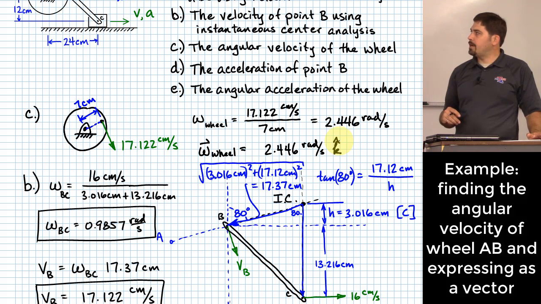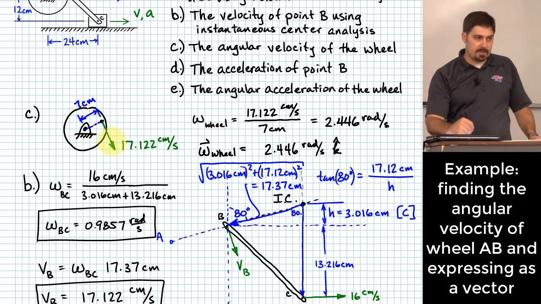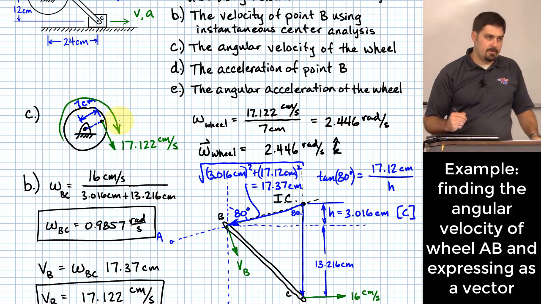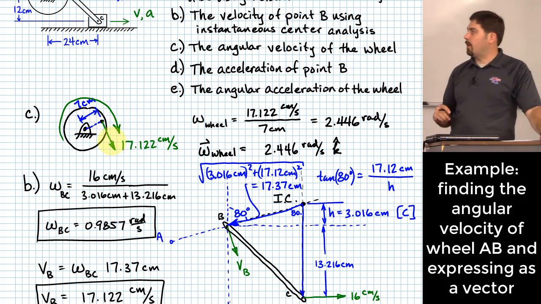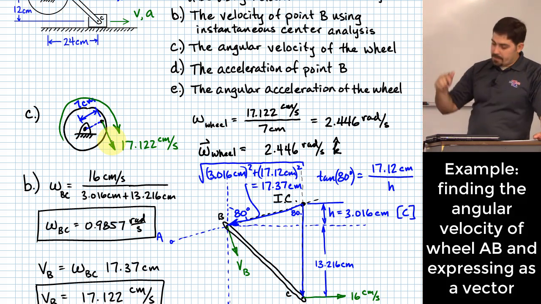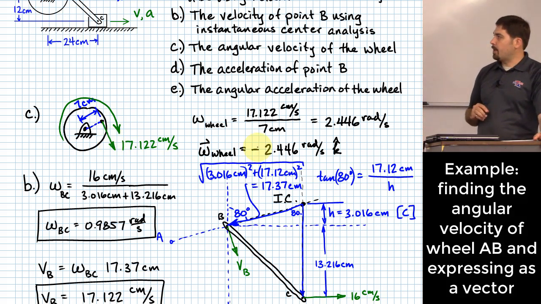Is it rotating clockwise or counterclockwise, the wheel? Okay, think about if that point right there is moving down and to the right, which it is, right? Point B is moving down and to the right. It means that this wheel must be going this way. In order for that point to go down and to the right, it means the wheel must be rotating in a clockwise orientation or direction. And so that means that we would actually say that this vector would be minus 2.446 radians per second k.